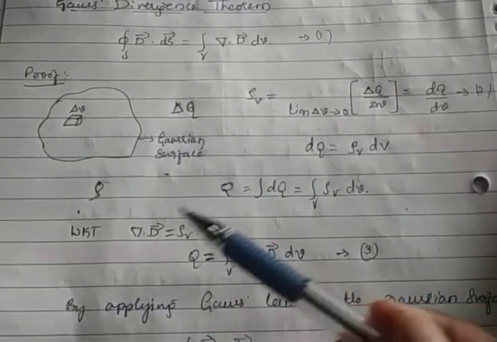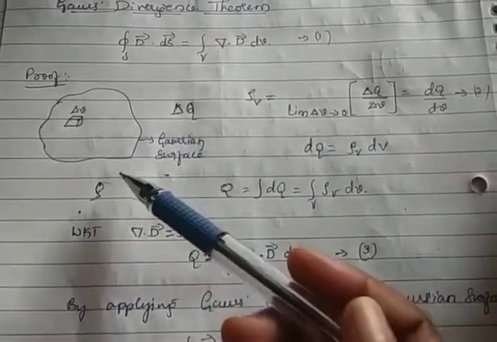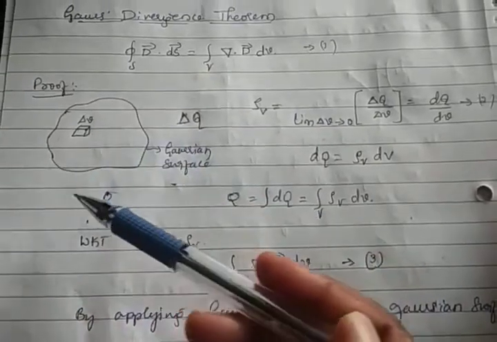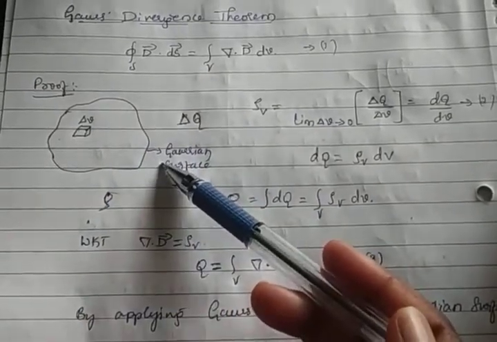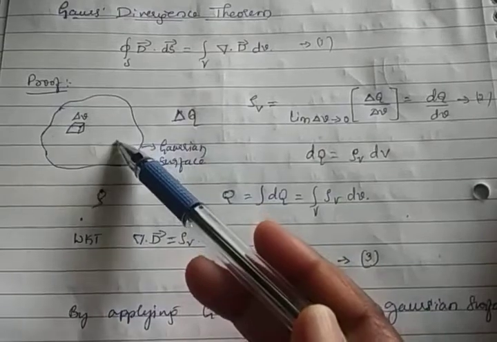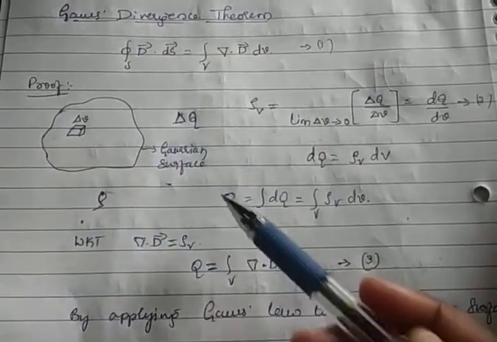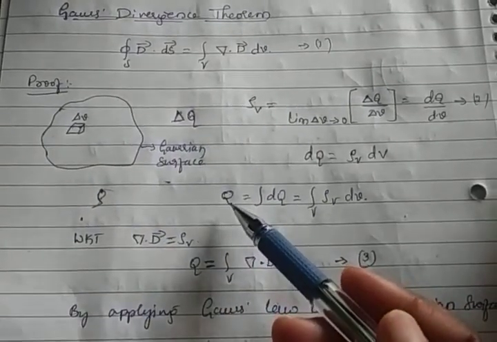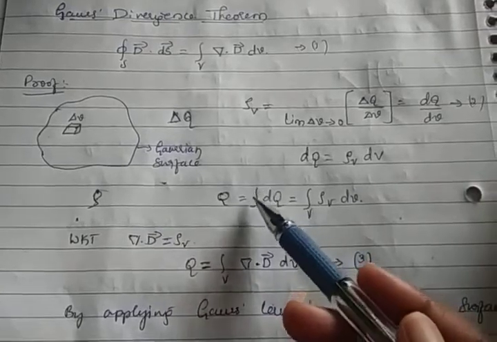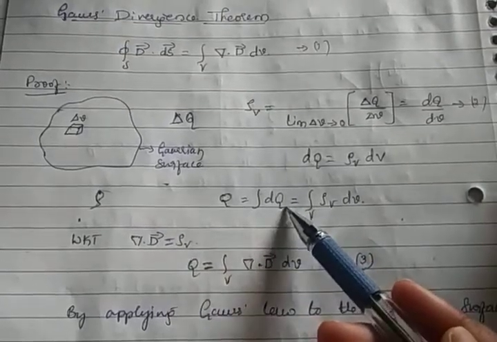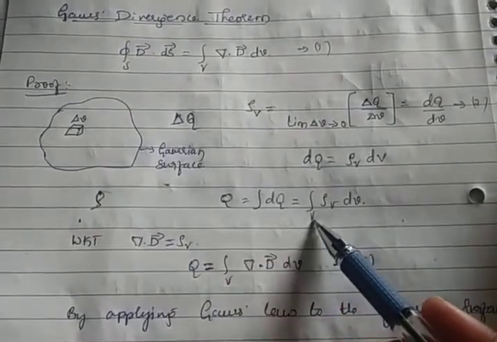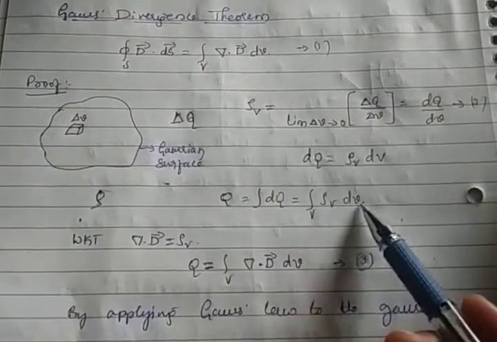If Q is the total charge enclosed by the Gaussian surface, then Q is equal to the integral of dQ, equal to the volume integral of rho v into dV.